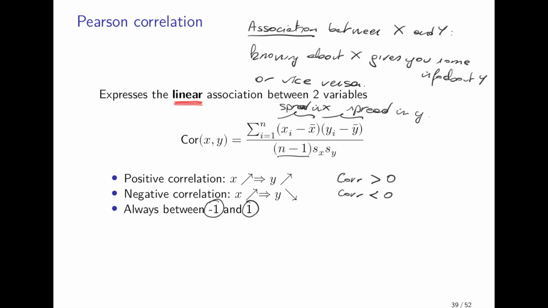Let's do just a very simple example of things that are positively and negatively correlated. So an example of a positive correlation could be if the temperature goes up, then also the ice cream sales go up.